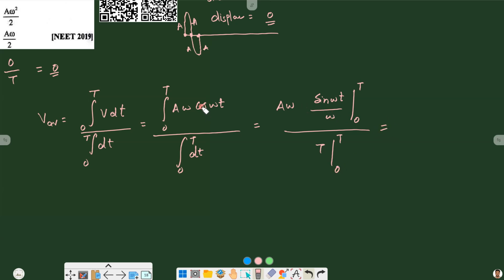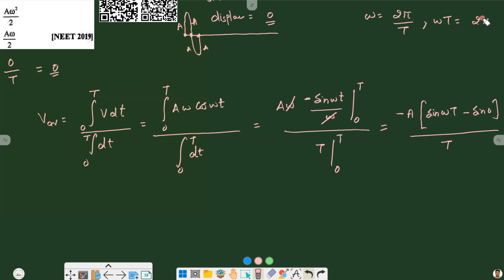And we forgot the minus sign here, I think. Yes, we forgot the minus sign. The integral of cos is minus sine omega t. So omega gets cancelled, minus comes out, minus A as it is, limits sine omega capital T, and when we put 0, then sine 0, divided by T minus 0, that is T. Now we already know that omega is equal to 2 pi by T. So from this, omega T will be equal to 2 pi.